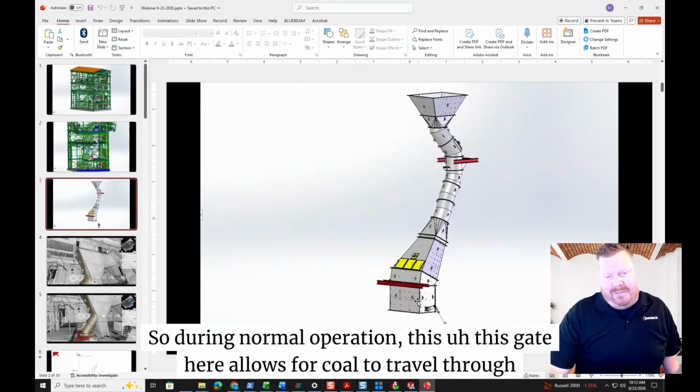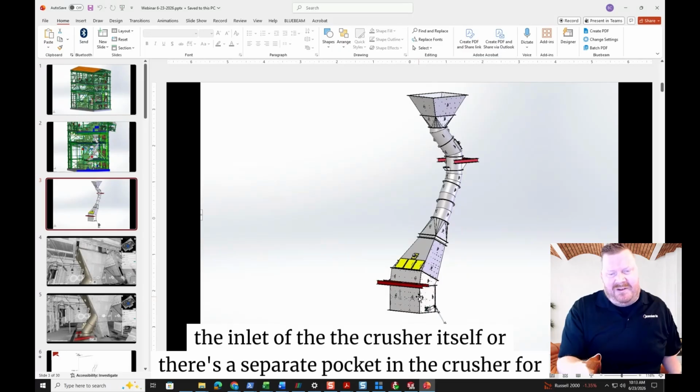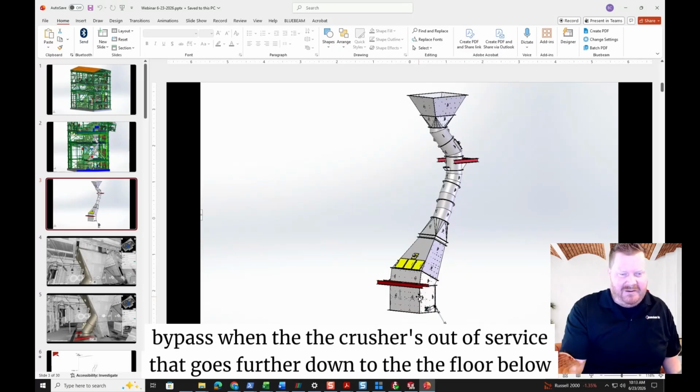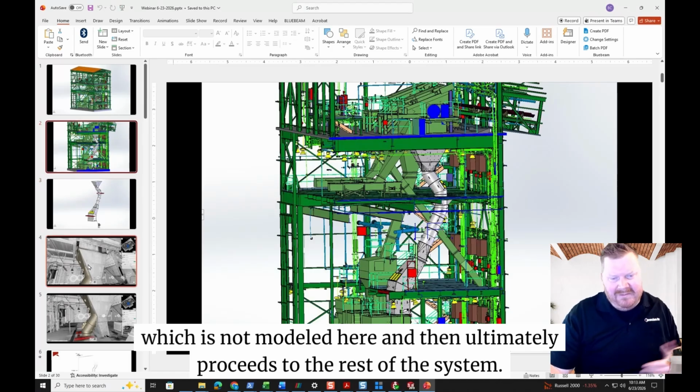During normal operation, this gate allows coal to travel through the inlet of the crusher itself, or there's a separate pocket in the crusher for bypass when the crusher's out of service that goes further down to the floor below, which is not modeled here, and then ultimately proceeds to the rest of the system.